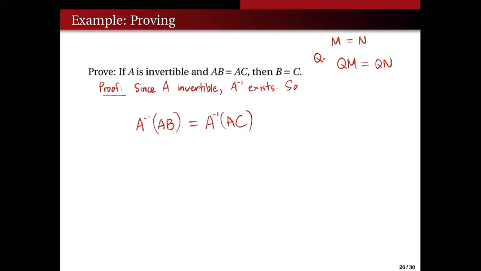But if you have QM on one side, and on the other side you have N but multiplied Q on the right, then this equality may not hold.